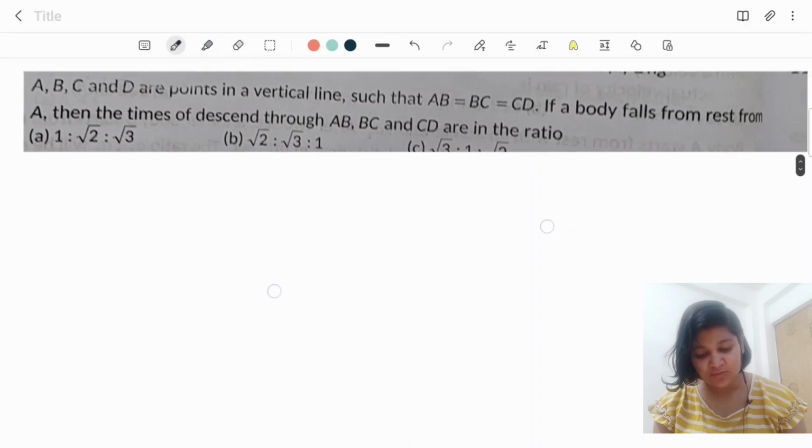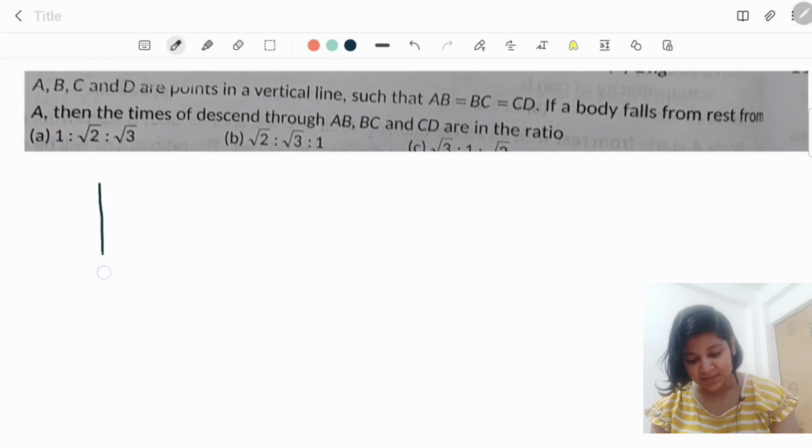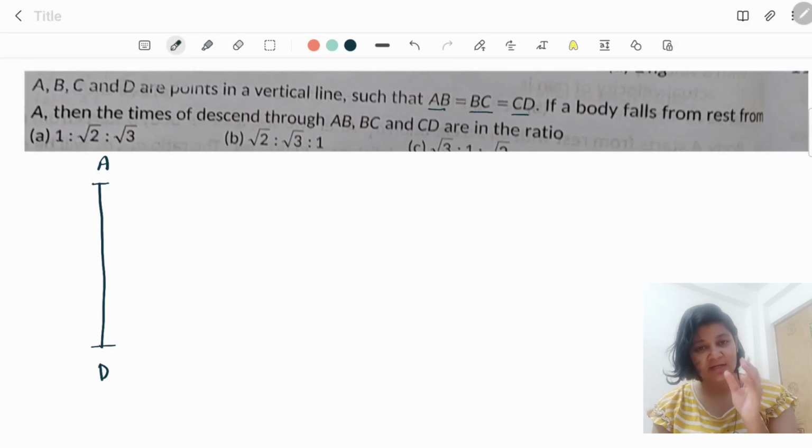We are now going to move on to our next problem, and this is a very interesting problem. There are 4 points on a vertical line. It starts from A, goes to D, such that AB equal to BC equal to CD. So this line is divided into 3 equal parts.